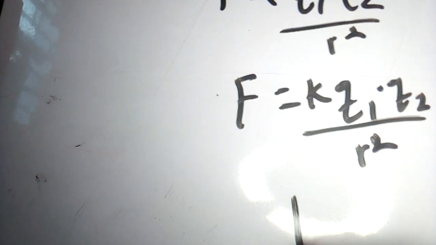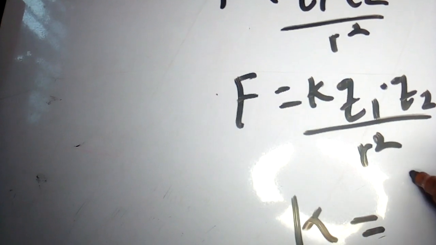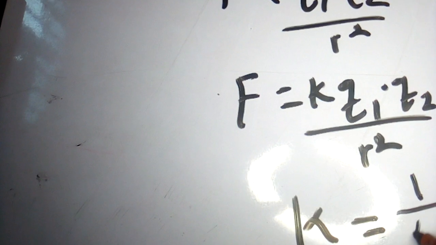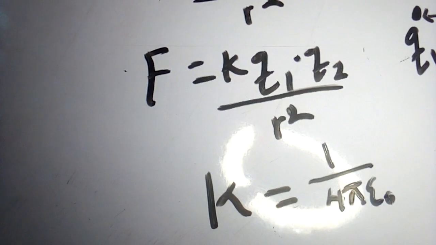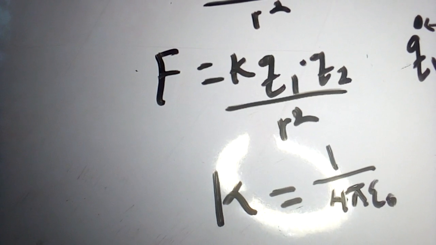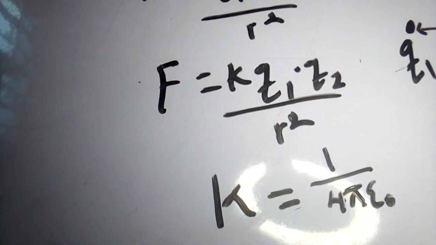Having this, we need to introduce a constant K, so that F equals K Q1 Q2 over r squared. The value of K is equal to 1 over 4 pi epsilon naught. What does epsilon naught stand for? It is the permittivity of free space.